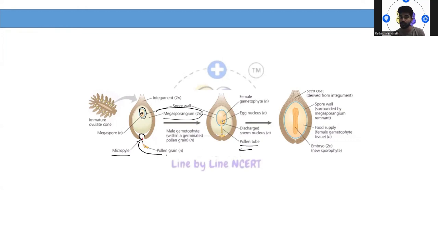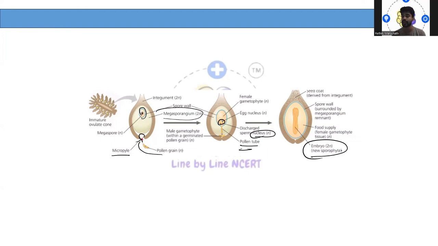With the help of the pollen tube, the sperm, that is the pollen grain, is going to discharge its nucleus. In this megaspore there is also a nucleus, right? That is the female gamete. Now both nuclei will fuse. As a result, you will see the embryo, which is the new sporophyte.